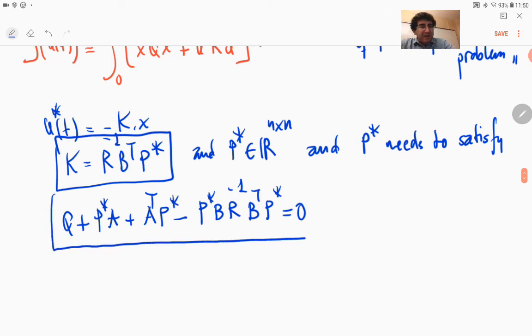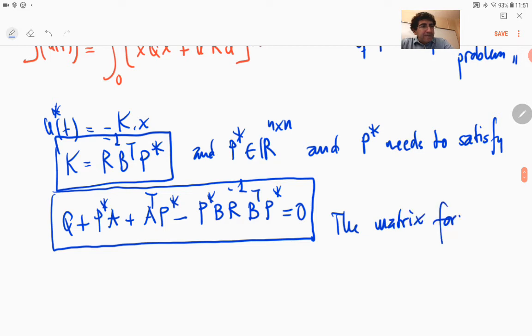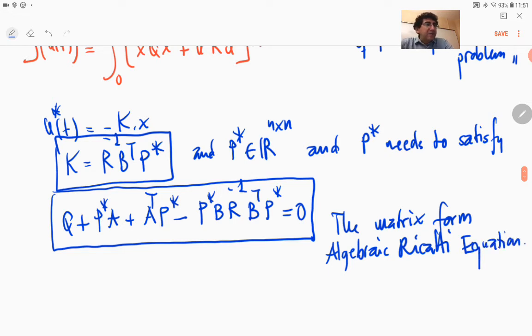Now that is, it's still called the algebraic Riccati equation. Okay, so this is the matrix form algebraic Riccati equation. And here P star is a symmetric matrix.